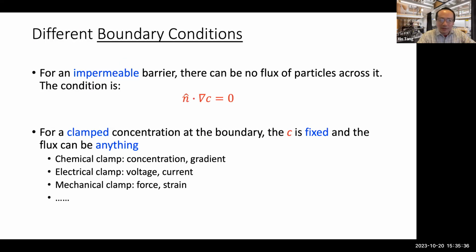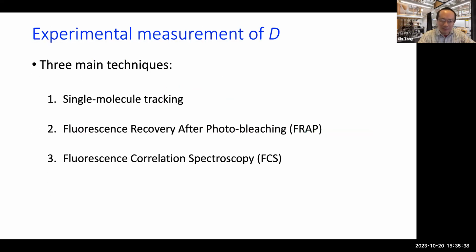So that's all for the theoretical part of the diffusion equation. In reality, people also want to use experiments to measure the diffusion coefficient. There are many new methods that keep getting developed, but there are 3 very conventional methods I listed here.